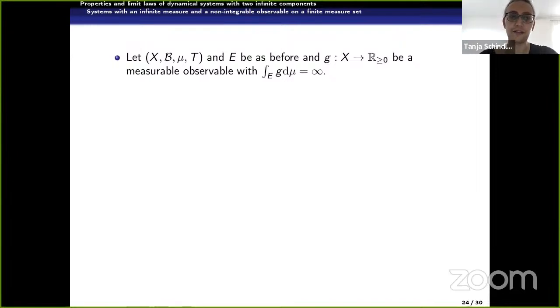So we consider our setting as before, but now it's not the backward continued fraction entries anymore, but basically any infinite measure preserving ergodic system that is conservative, and G is any observable mapping to the non-negative reals such that its integral over a finite measure set is infinite.